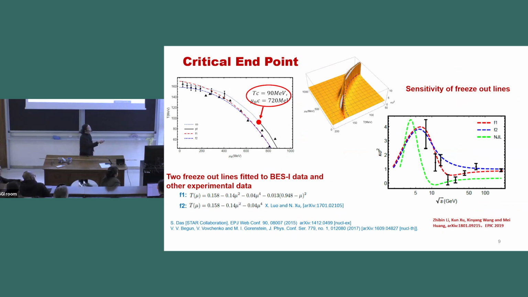If you have the location of the critical point, you will have such a kind of structure here. And the observables are actually determined by the freeze-out line. So, I mean, how the observables go through these mountains, basically.